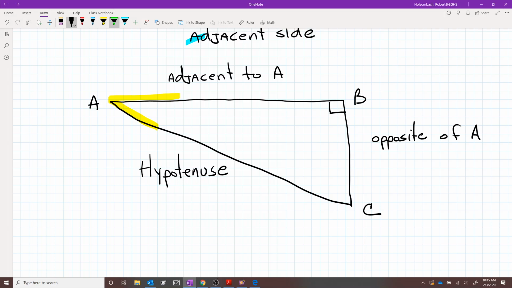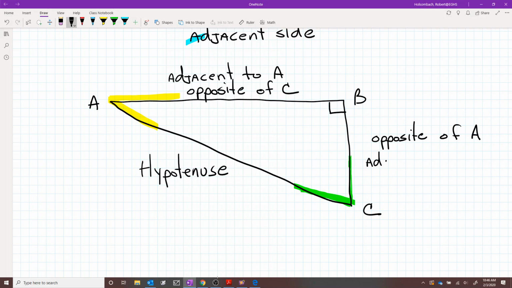Now, let's look at angle C. In relation to angle C, there's still three sides. The hypotenuse is still the hypotenuse. But now, in relation to angle C, side AB is opposite. This is opposite of C. Which makes side BC, what does it make side BC?